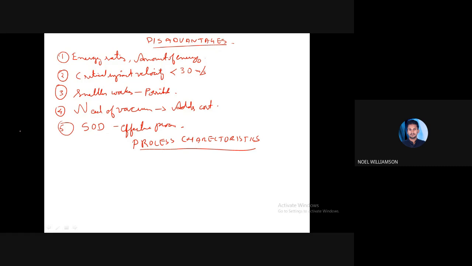First one, standoff distance. We have seen standoff distance. It is the distance from the point of spark generation towards the workpiece. So while maintaining the distance or changing the distance, the quality of the end product also changes. So it should be an optimum value for the standoff distance.